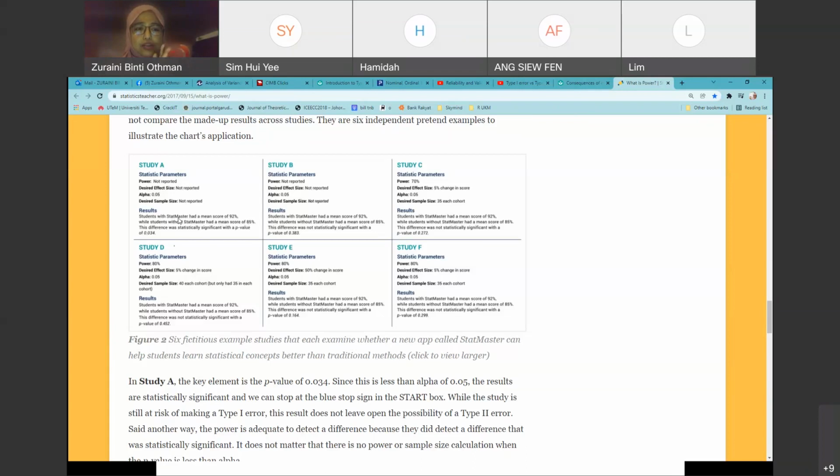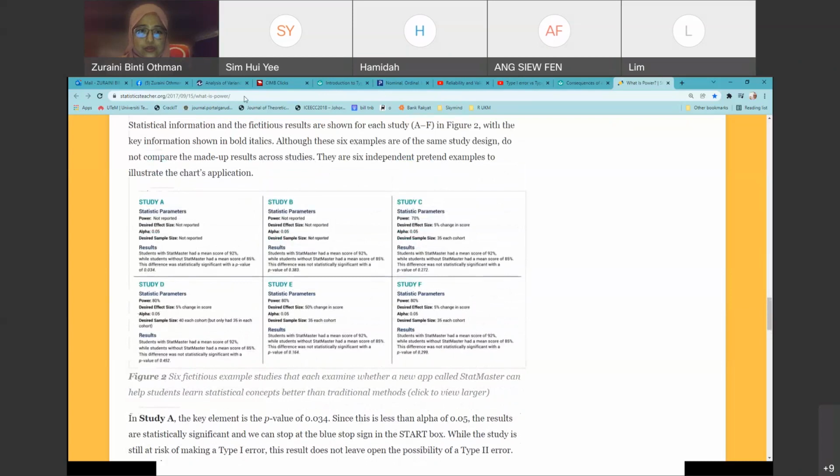We know that by using Stat Master, it increases their score. You may go through these cases one by one after this. I will stop here and go back to the slide.